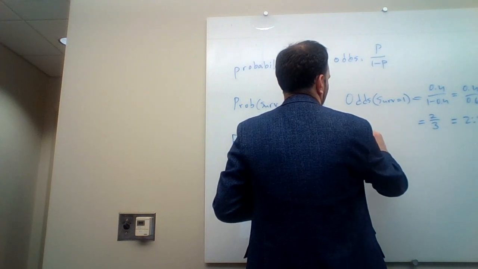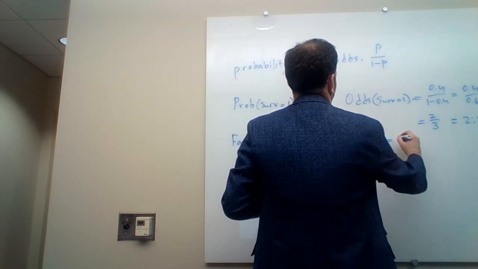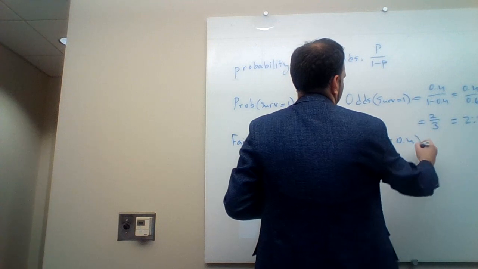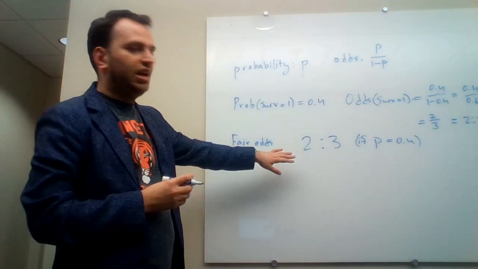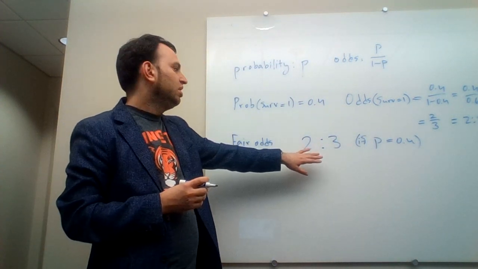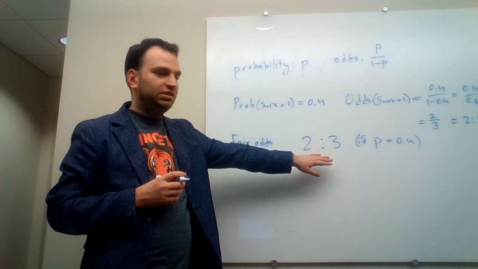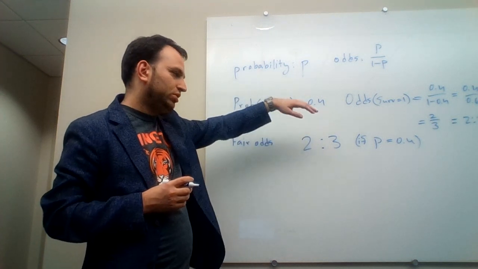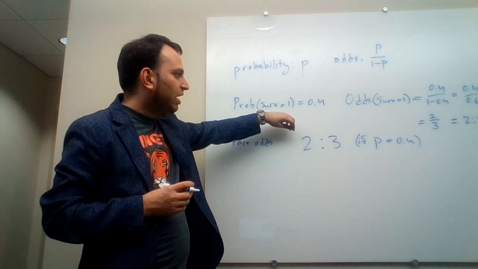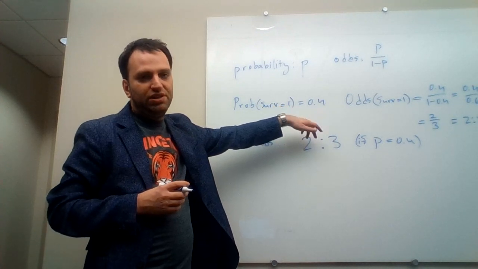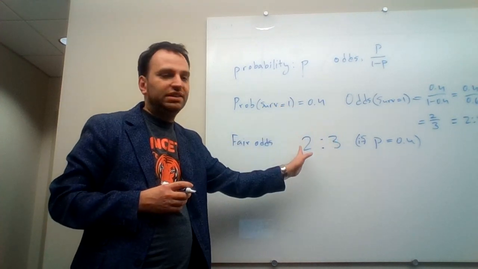So if the probability is actually 0.4 for survive equals 1, why do we say that those are fair odds? Because if I take this bet, and I bet on survived, but I say, well, if I'm wrong, I'll just pay you 2, but I'll get 3 if I'm right.